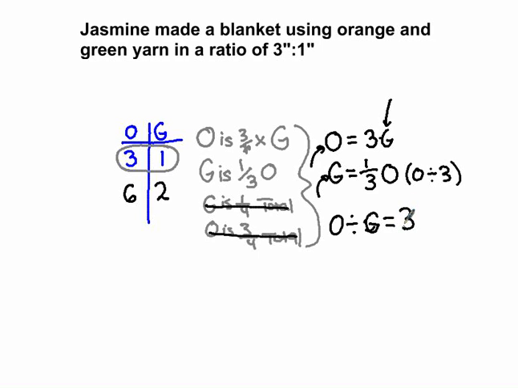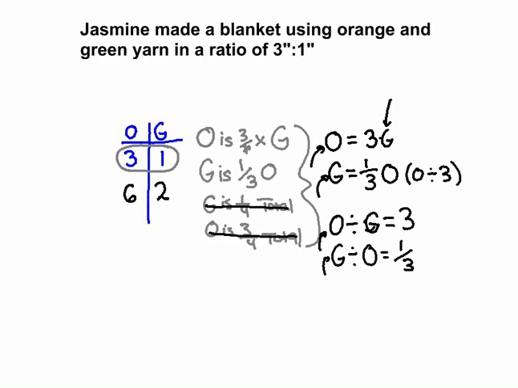And we could work in reverse too: green yarn divided by orange yarn equals 1/3, if we know our parts. So those are other ways to write the equation.